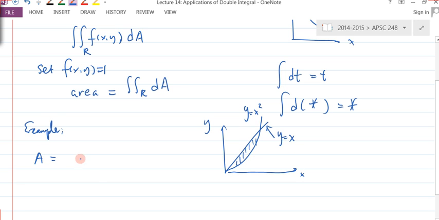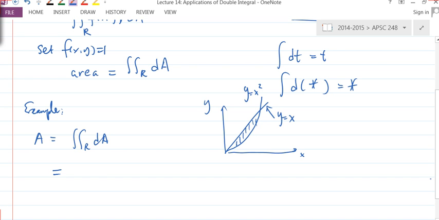The area equals this. And dA, we know, is basically dy dx. So when you do a double integral, you need to determine an order of integration first. You can do dx first or dy first, it doesn't matter. In this particular case, it doesn't make much difference. You can integrate either one.